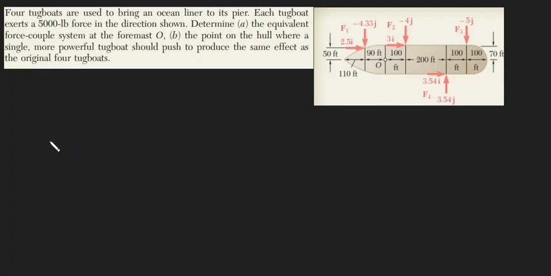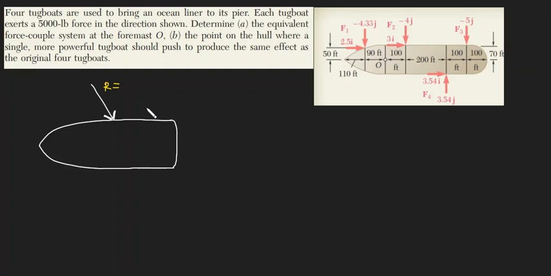So let's take this to be the ocean liner, and this time around we are using a single tugboat. Let this be the force that the single tugboat will exert on the ocean liner. This force must be equal to the resultant of the forces exerted by the four tugboats.